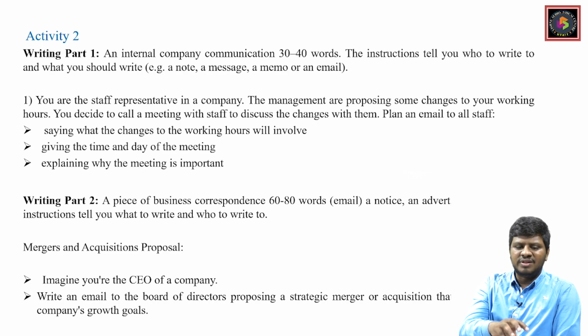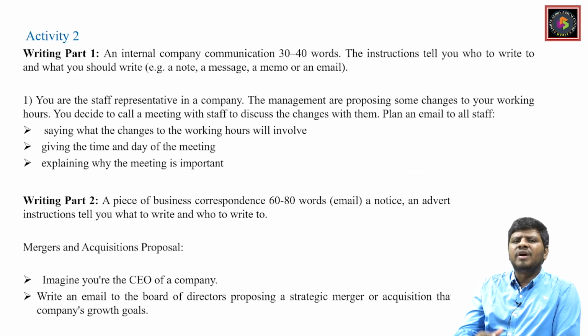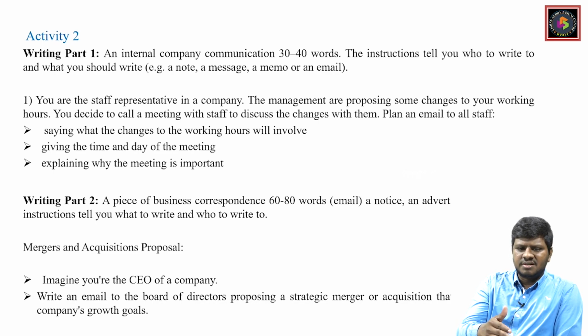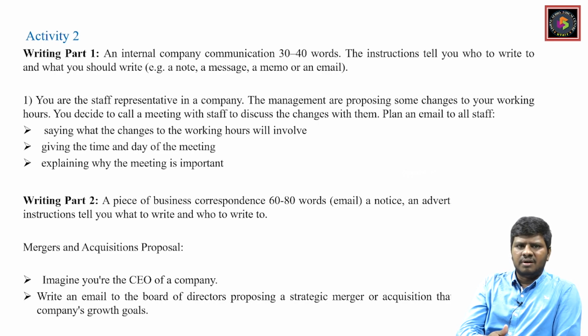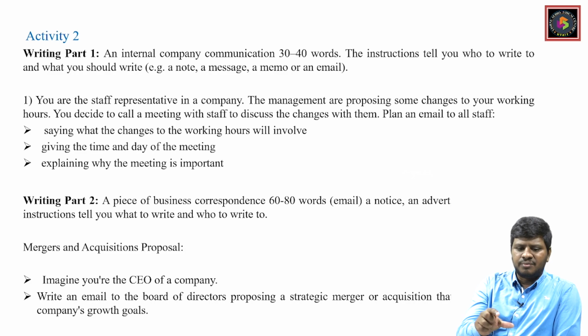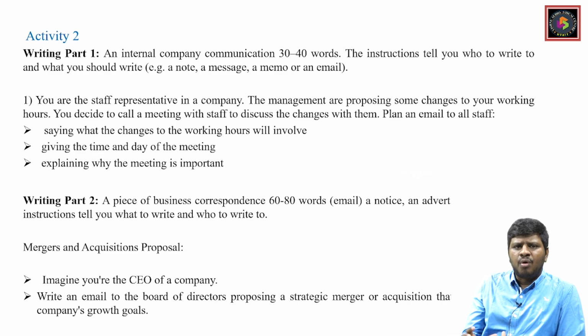Composing an email with these 3 points is nearly 30 to 40 words, because at the beginning of the semester we give that fill in the blanks, activity 1. In the middle of the semester we give this kind of thing, and they can compose short emails, 30 to 40 words.